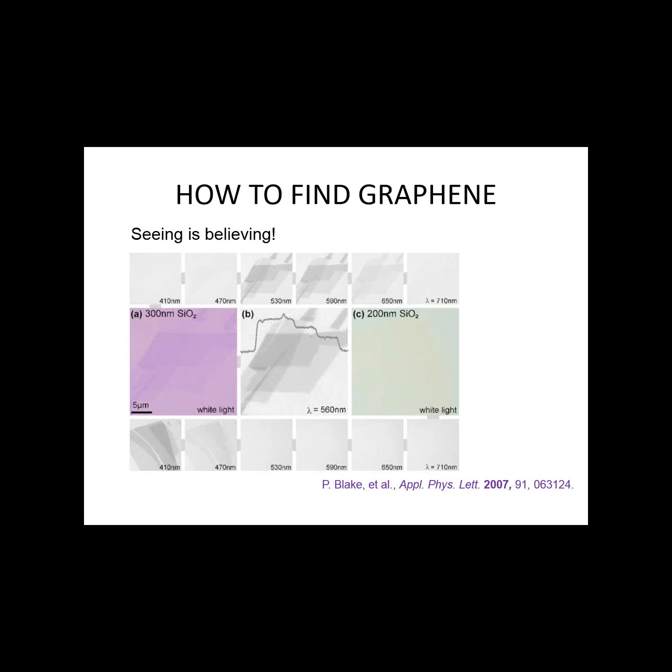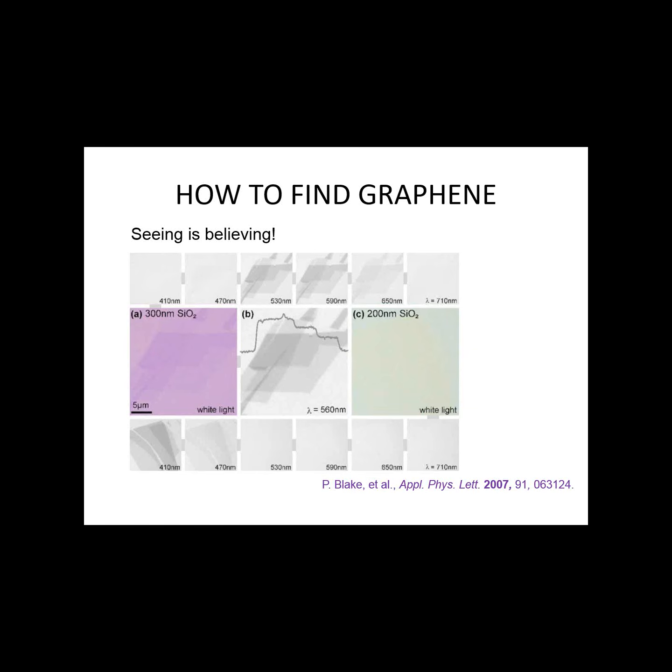And I think the big development in graphene, which really sparked the revolution of graphene research, is the finding of the graphene using optical contrast. So as you can see from this graph, if you have a correct matching of the substrate and the optical light that's shining on the graphene, you can get very good contrast even in an optical microscope, and you can easily see the graphene.